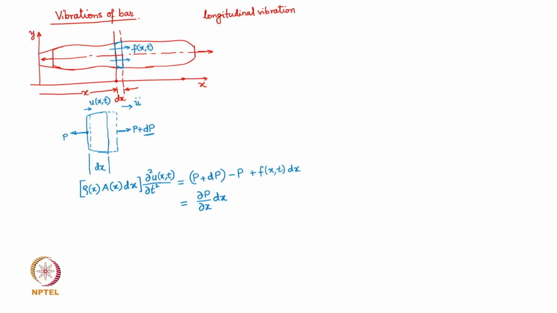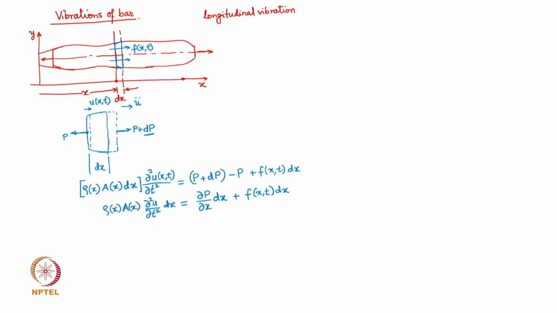So the second order series terms are all neglected, and P cancels out, and then we are left with this particular expression f(x,t) dx. And I will write this as rho, and maybe I can retain this as it is, ∂²u/∂t² dx.